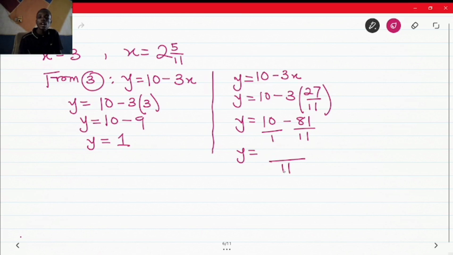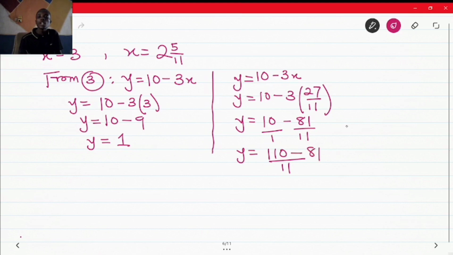So 1 in 11, that's 11. 11 times 10 will give us 110, minus 11 in 11 will give us 1, 1 times 81 gives us 81.